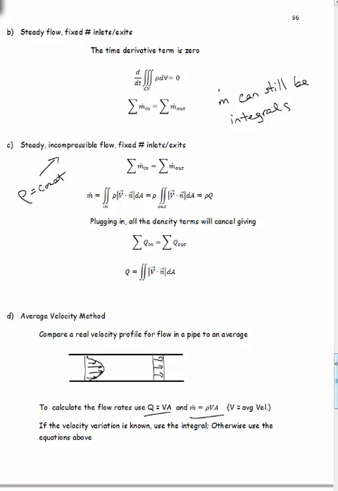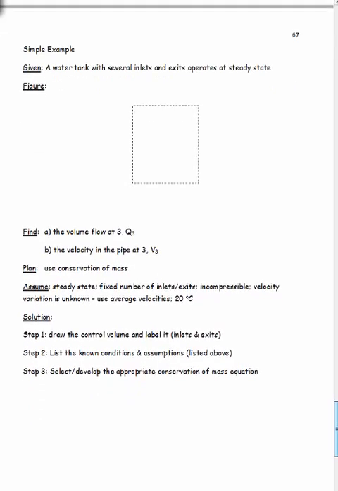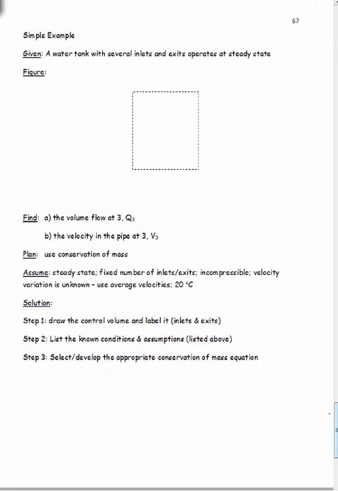All right, so let's do a very simple example with this, kind of like what you had in thermo. And we'll do a few harder examples in class in the worksheets. Okay, so here we've got a water tank.